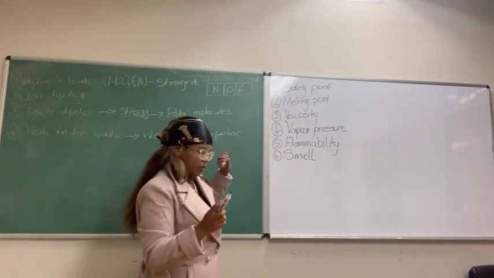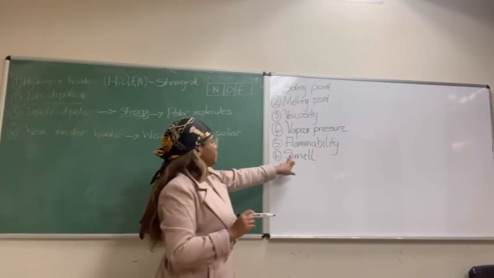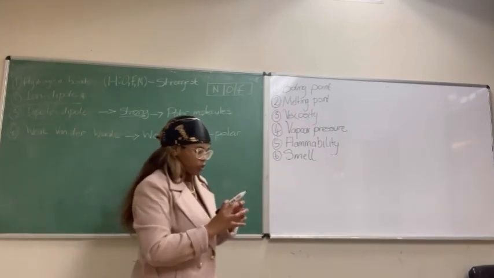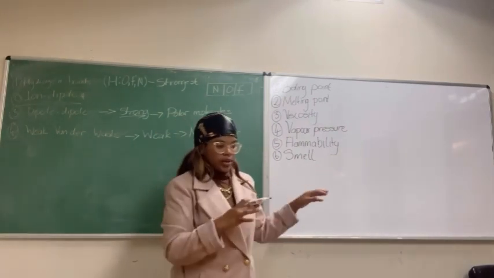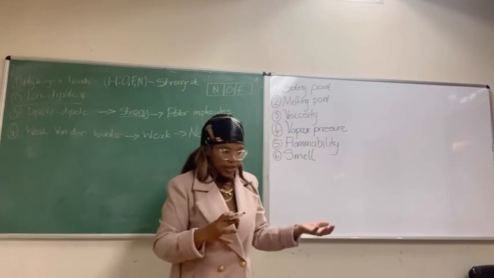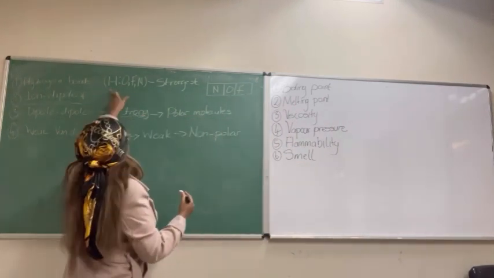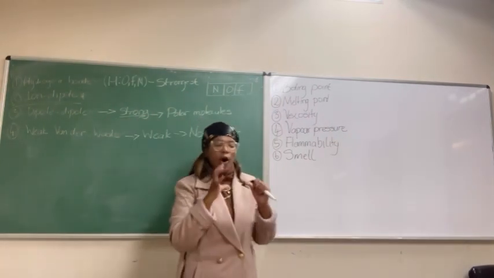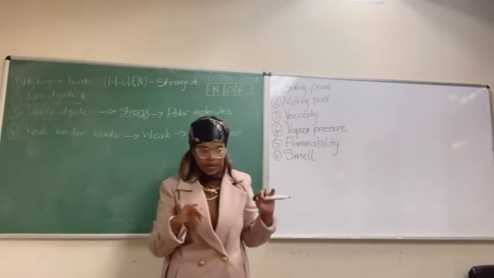So when it comes to the smell in organic molecules, within the same functional groups, different lengths will cause a different smell, but the general rule is that the molecules with oxygen in them will tend to have a pungent or sharp smell, right?